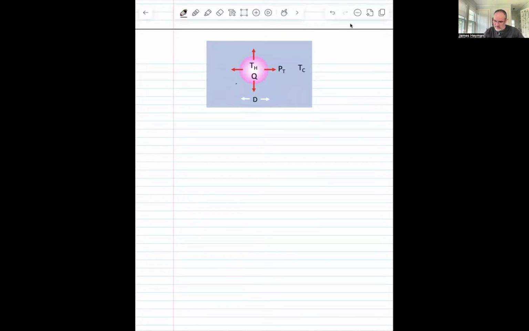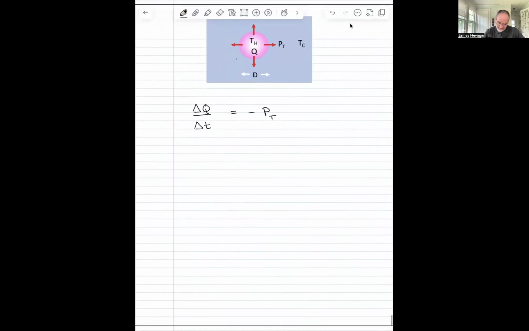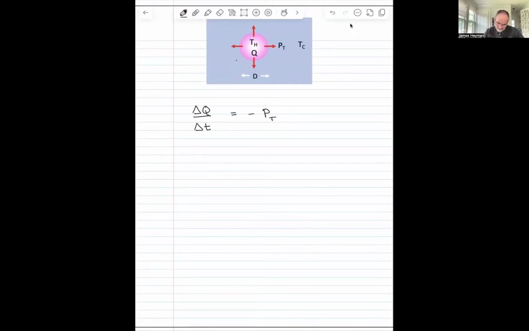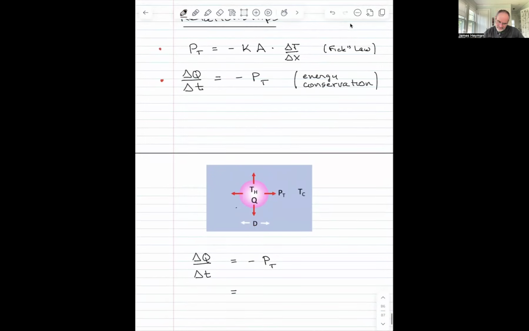To start with, we said that delta Q over delta T is equal to minus PT. Energy conservation. But PT is given by Fick's law here.